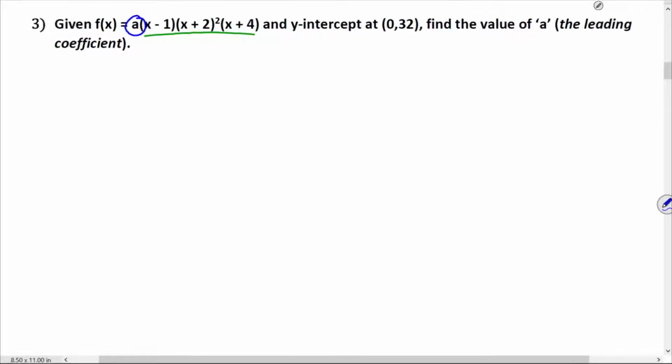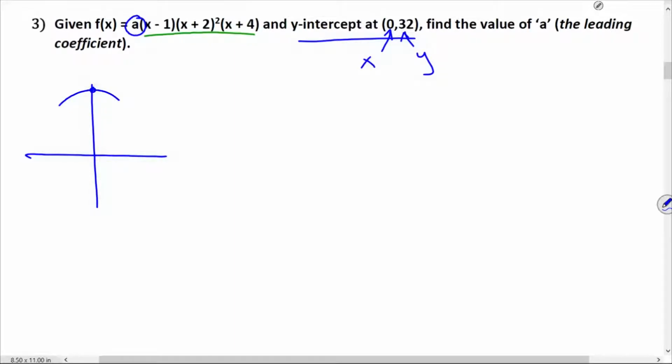The way we do that is by using the y-intercept. Keep in mind that the y-intercept is where the graph crosses the y-axis, which may be obvious. At this specific point, I know that x is 0 and y is 32.